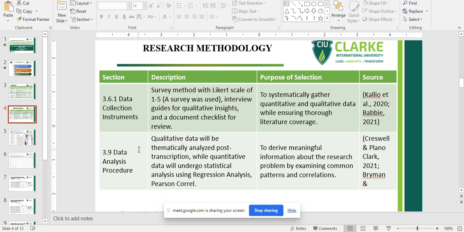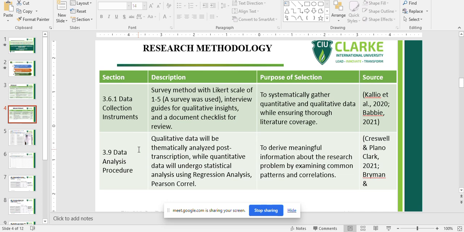We used another analysis method called correlational analysis, correlating each of the constructs and seeing how it influences the dependent variable, which is hotel competitiveness.